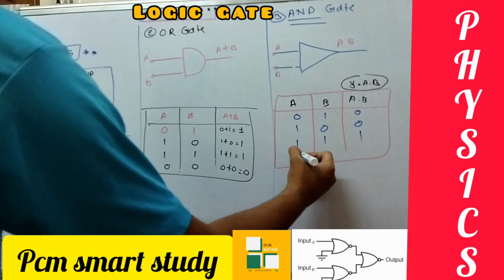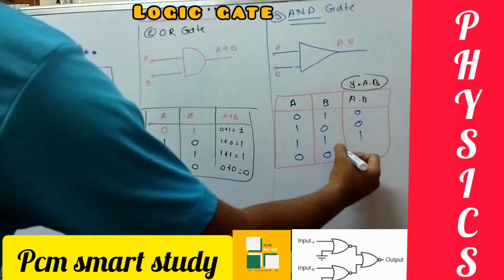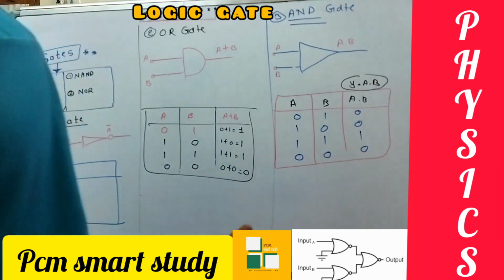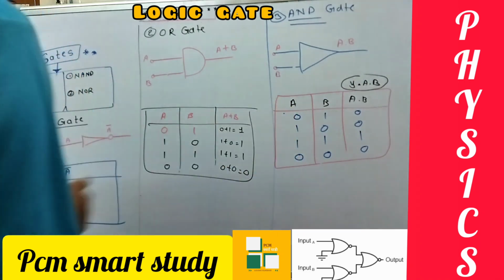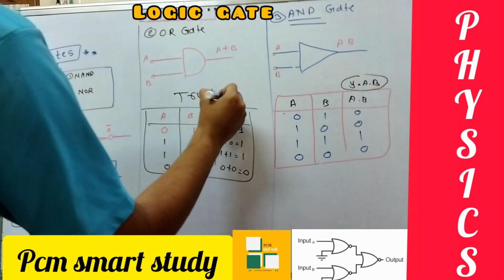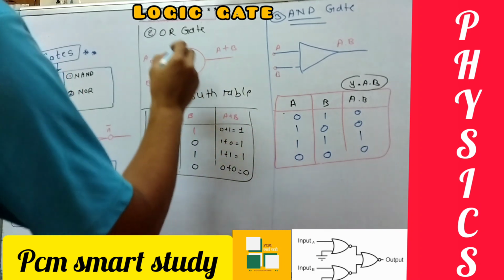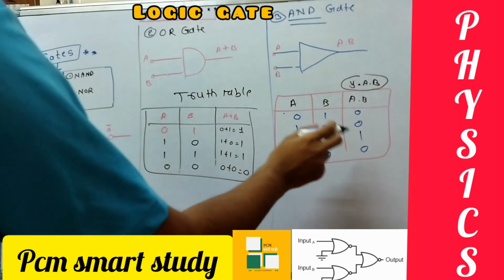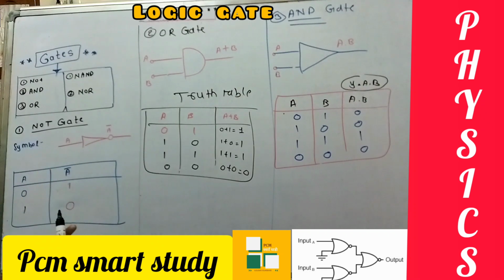Truth table of the NOT gate, and this is the symbol. Next are the NAND gate and the NOR gate. The NAND gate is denoted by this symbol.